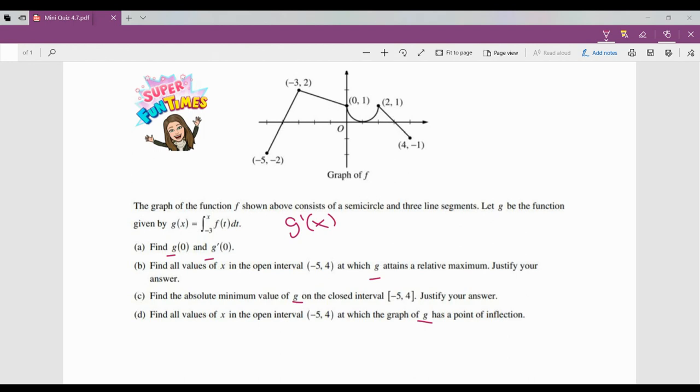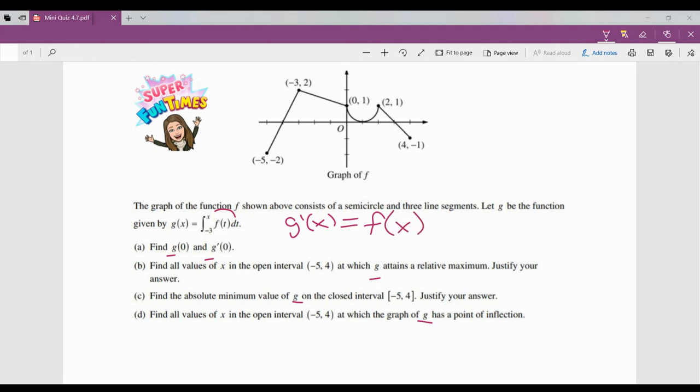All right, so g prime of x is going to equal the derivative of the integral, which means the antiderivative. The derivative of the antiderivative is just going to be the function. And remember, we talked about just taking that bound of x and plugging it into f.